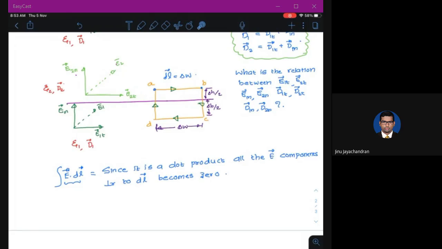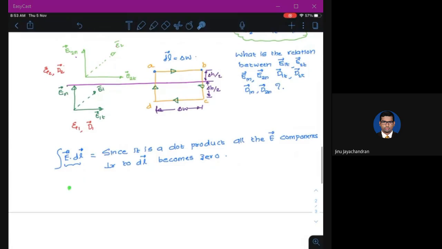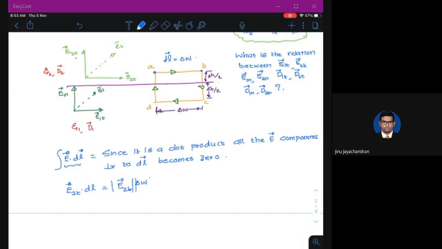So basically it is magnitude of E2t into delta w, because delta w is a scalar.